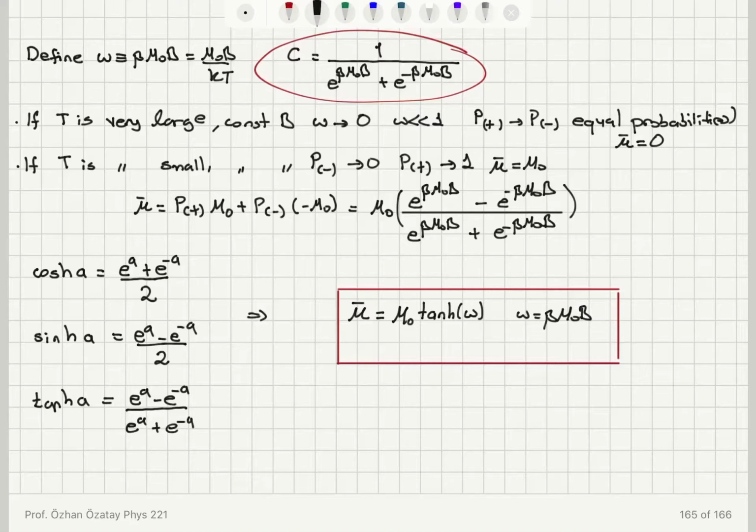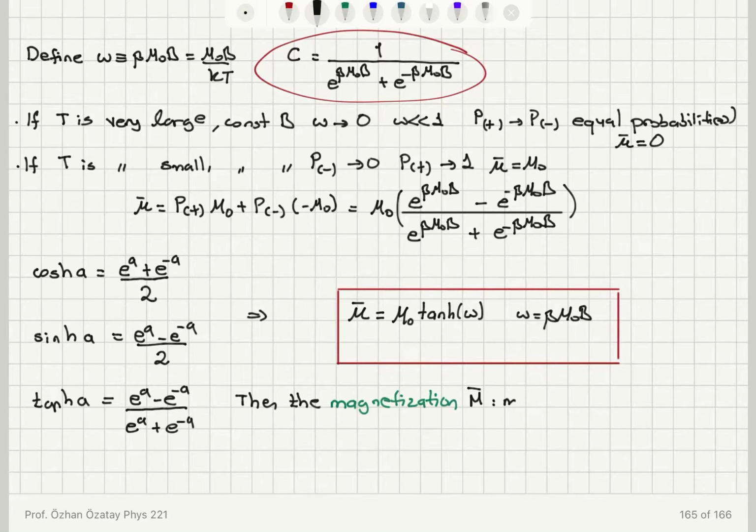Now, at this point, we can talk about the total magnetic moment per unit volume, the mean value. So we define the magnetization M. Let's consider its mean value.